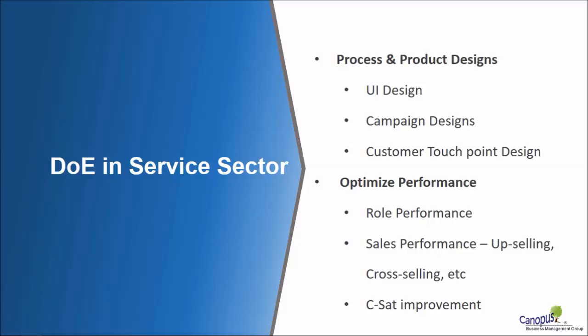It could be to do with sales performance, it could be to do with customer satisfaction improvement. So in many of these cases, you may be able to perform experiments. Then once you know what the optimal settings are, that can be baked into the existing process so that we are able to obtain the desired outputs, so that we are able to deliver the best for the business or for the customer.